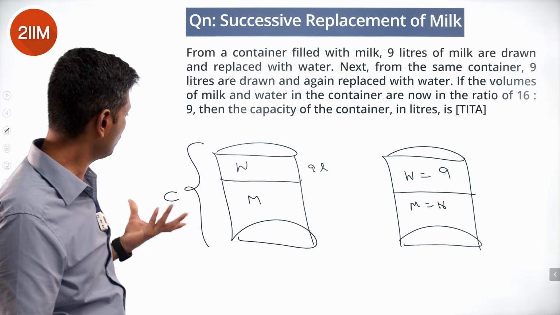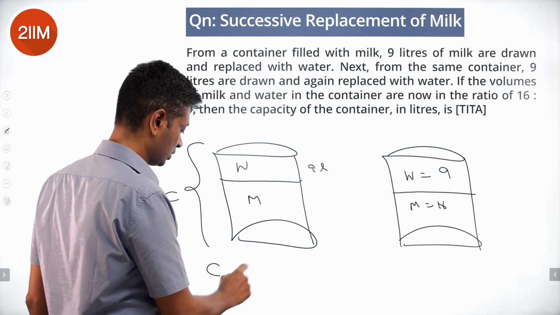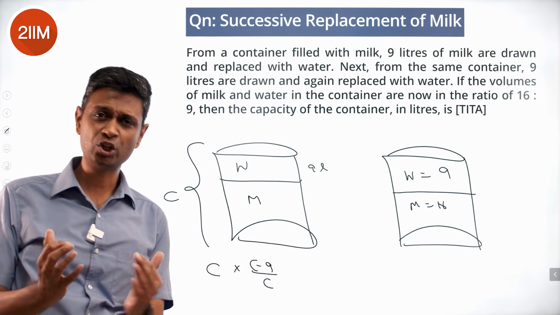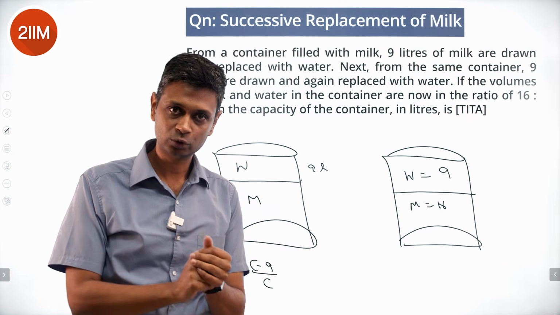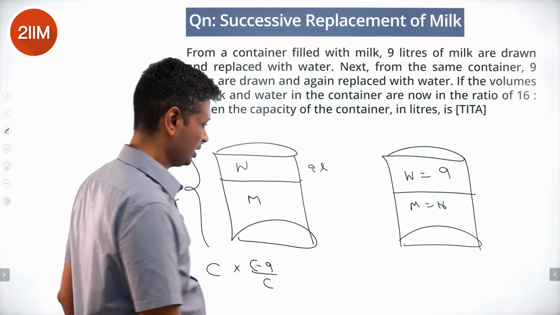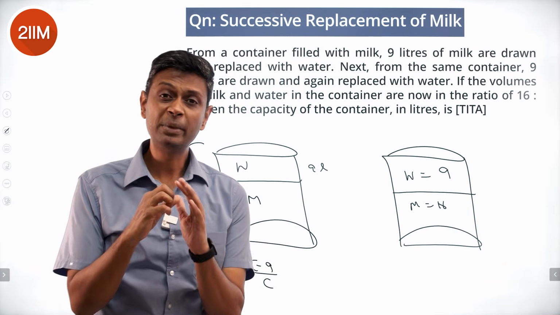Whatever capacity C was there, milk became C minus 9 by C of it. We're taking 9 liters out of that, so milk becomes C minus 9 by C. At this stage, again from here, we're taking out 9 liters of the mixture.